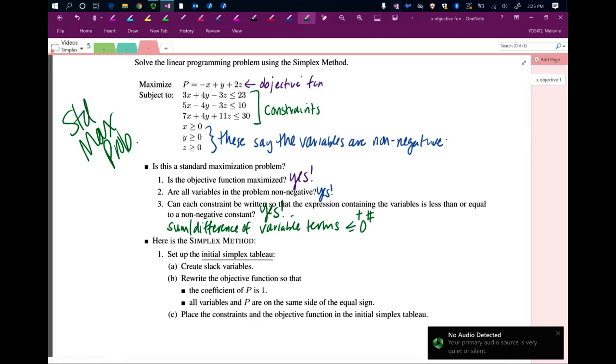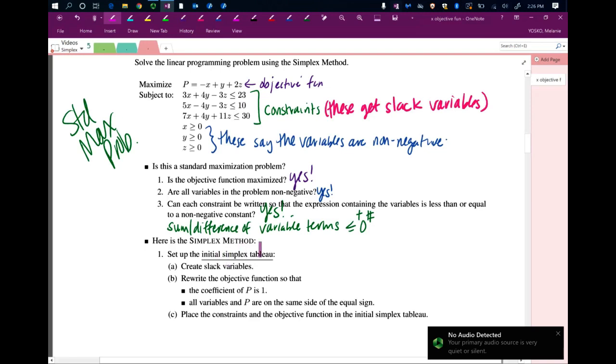The first thing we're going to do is create something called slack variables. We are going to look at the constraints. Okay, the constraints are going to be the ones that get slack variables. Okay, well, what do you notice about the constraints? Look at everything else in here. The constraints have an expression compared to 0 or a positive number, right? So we are really going to put this into a matrix.